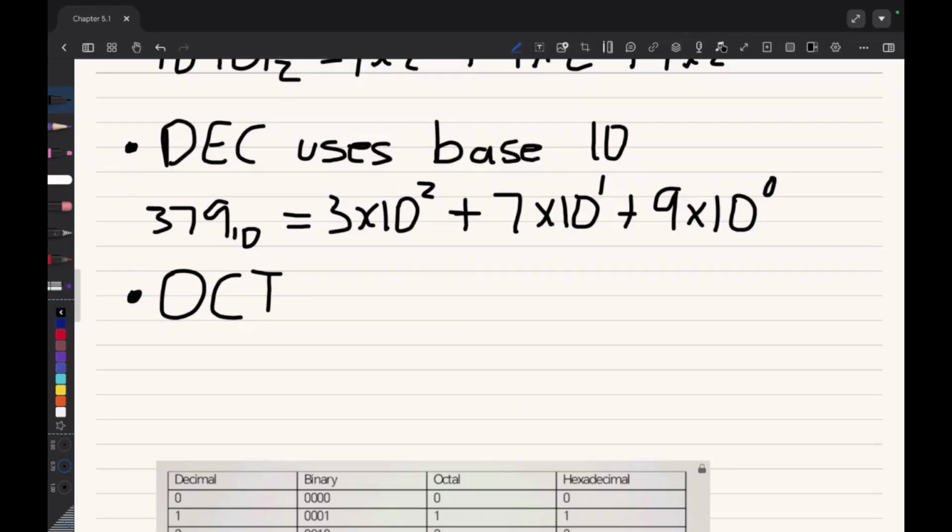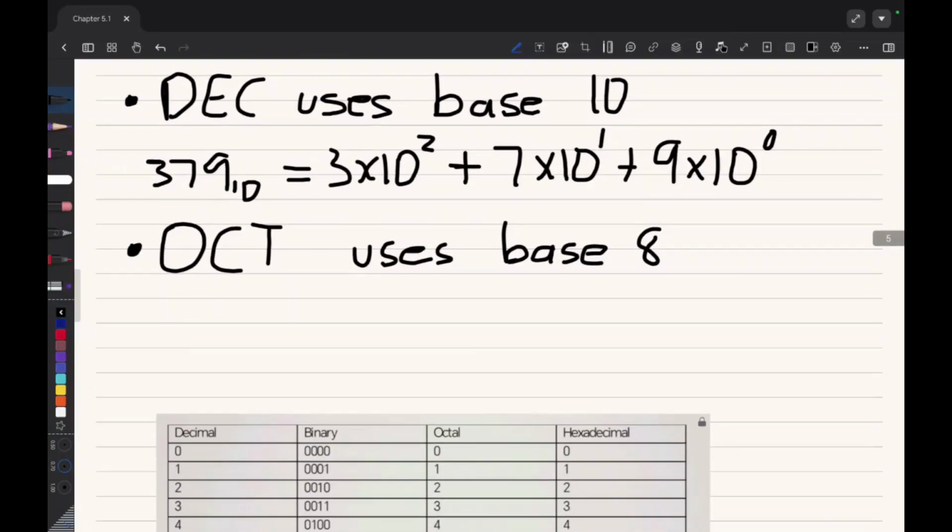Then we have the octal representation. The octal uses base of 8. A random number, 264, base of 8. This is an octal number. If you don't write this base of 8, they're going to take it as if you are writing a decimal.